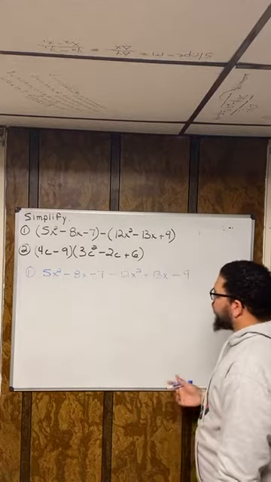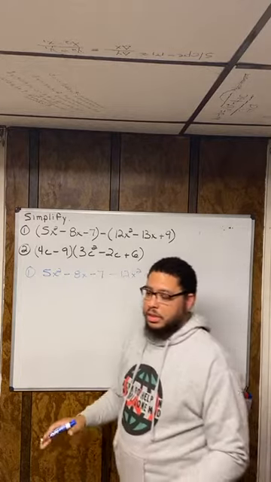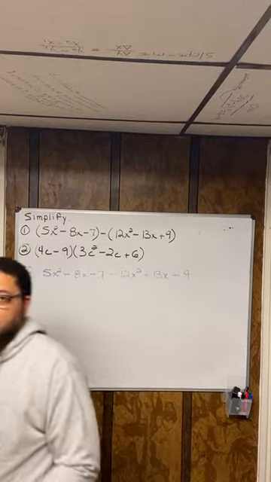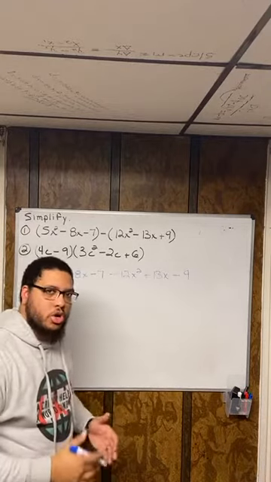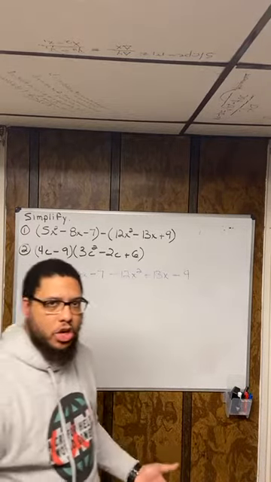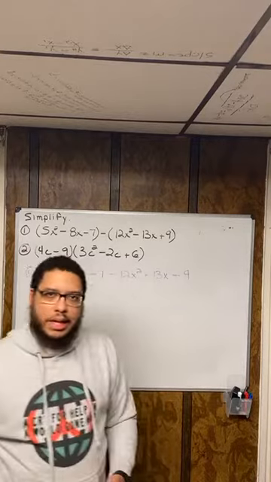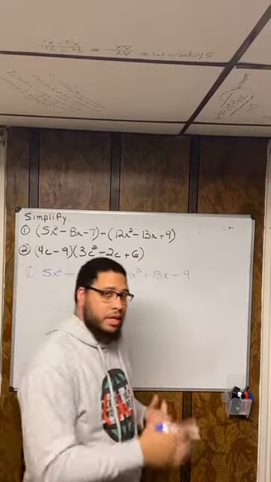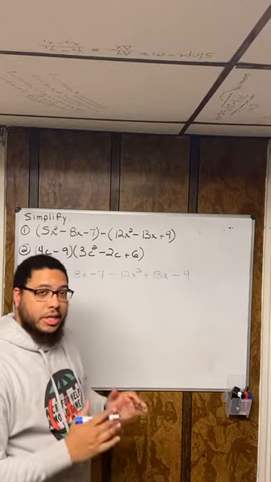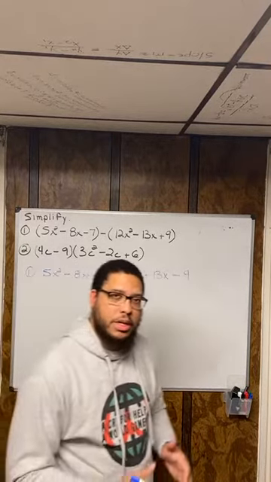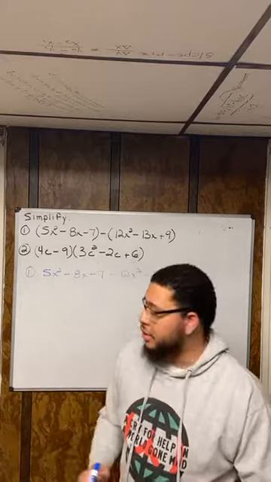Now that's your first step. We got rid of the parentheses. Now what we want to do is look for terms that match up with each other, or like terms. Some people call it combining like terms, some people call it collecting like terms, some people call it matching up like terms. Basically, what you're looking for now is the letters that have the same exponent.